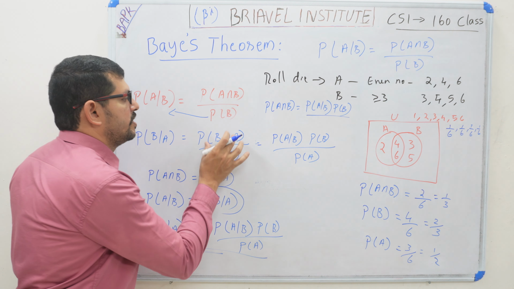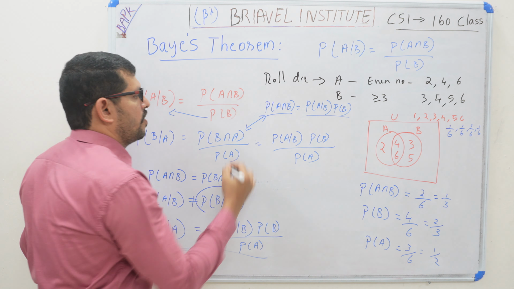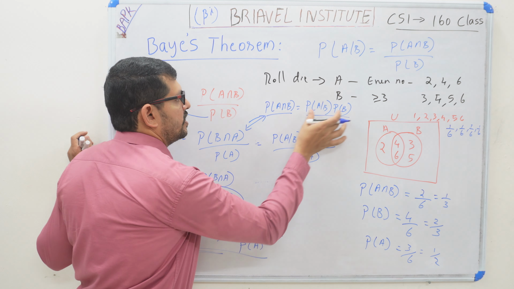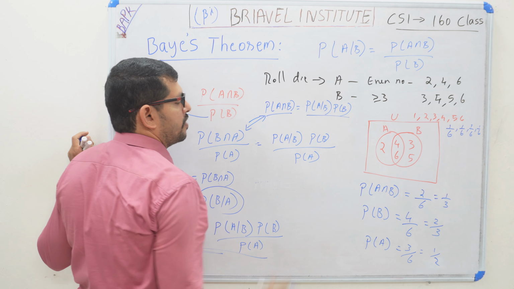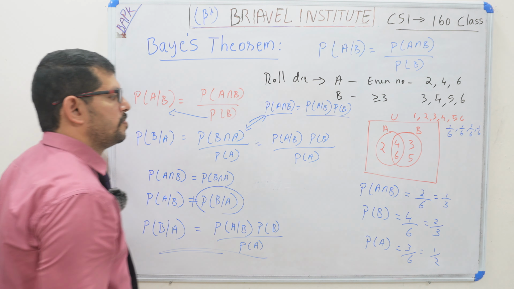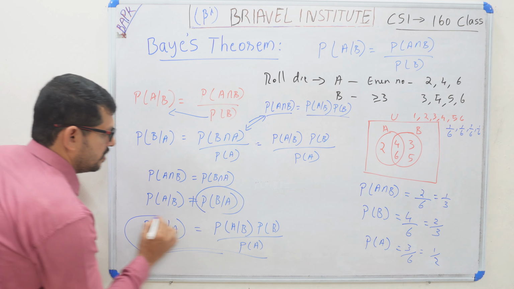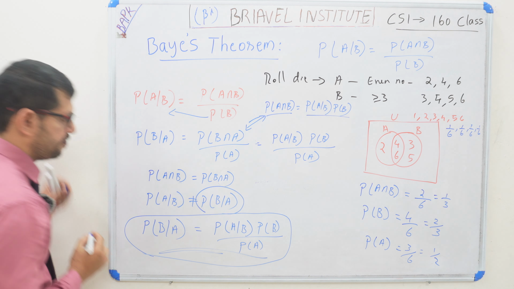So we substitute this value, the probability of A given B multiplied with the probability of B, divided by the probability of A. This is the Bayes theorem.